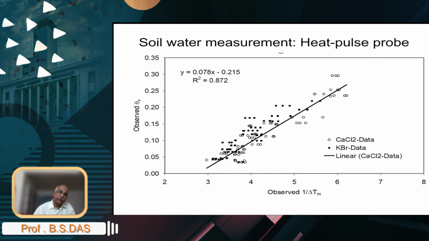And again, these are indirect methods. So you estimate the water content from indirect measures, like in this case, the temperature maxima as an inverse function of the volumetric water content.